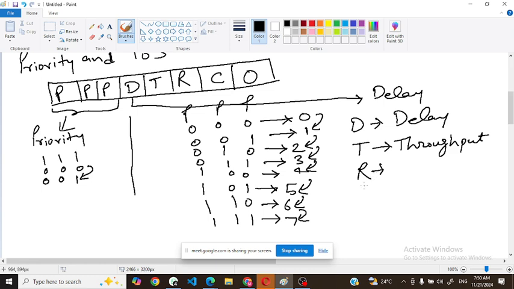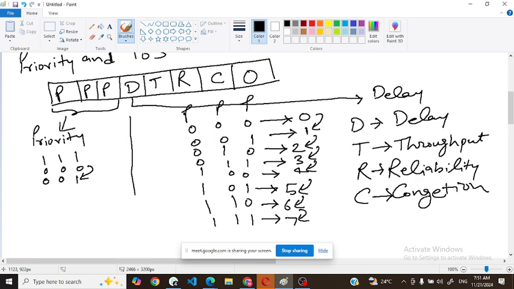R denotes reliability. C denotes congestion, and O is reserved. It's a reserved bit. Nothing we will have to change in it. Is it clear for everyone?